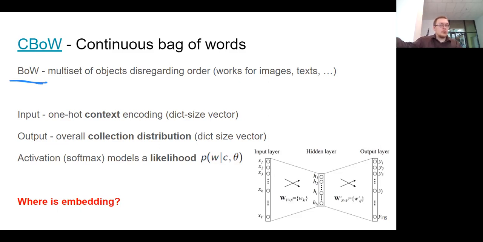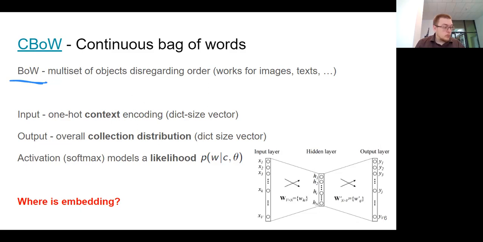Actually, it was introduced for words because it's bag of words. But the bag of words technique is used, for example, in image retrieval when we speak about clustering SIFT vectors. So word can be different concepts. If you replace word with something which is discrete, bag of something can be used in music, in image retrieval, and so on.